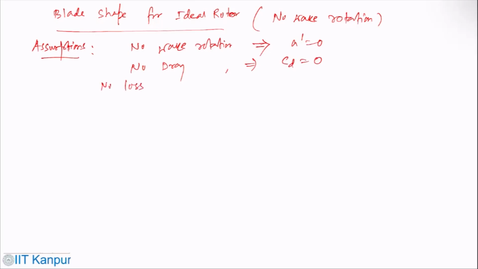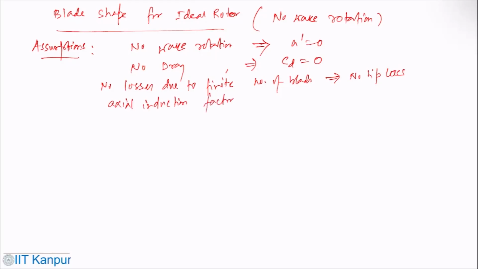No losses due to finite number of blades, so that means no tip loss. And the axial induction factor is a equals 1/3 in each annular stream tube.